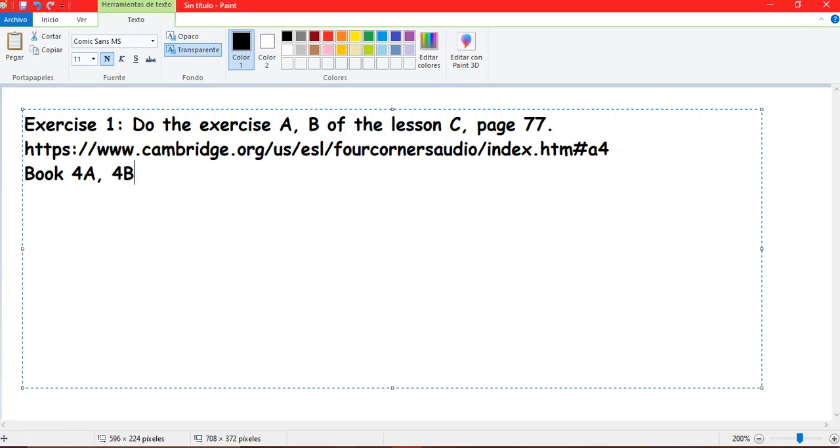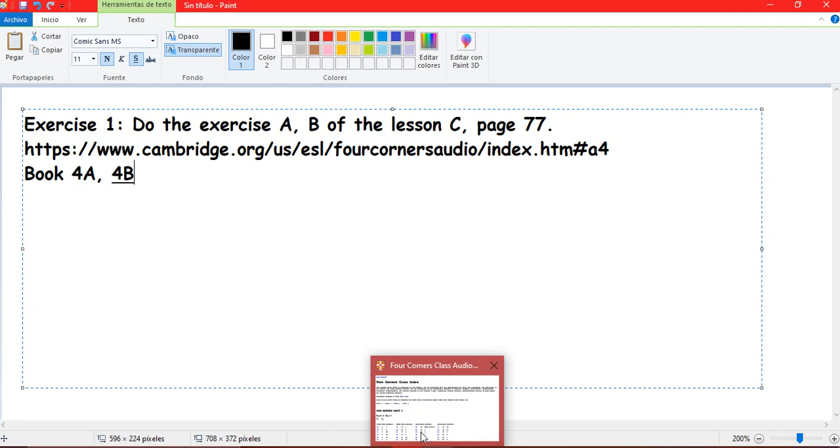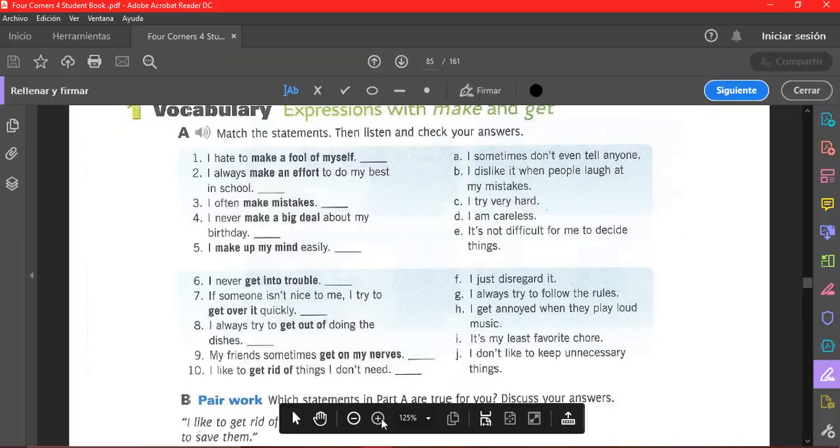Well, at this moment, people, we're using book 4B. This is the book we're using at this moment. So you have the link. Please copy and paste it to find the audios to make the verification of this exercise. This is the first activity.